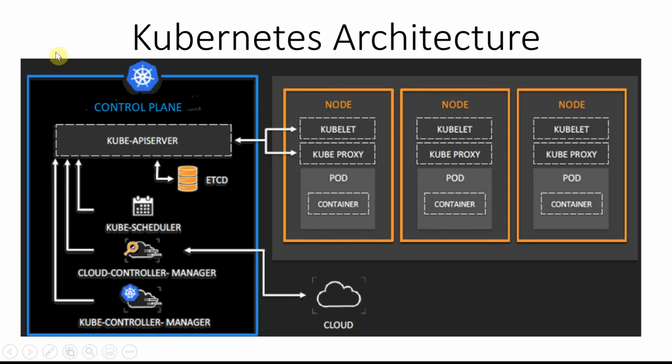And of course, there are the kubectl commands that you provide. When you give kubectl commands, you're actually interacting with the master, especially the kube API server, which is the core component in the master. The kube API server has multiple hands. On one side it talks to the nodes, and on the other side it talks to the end user who is giving inputs.